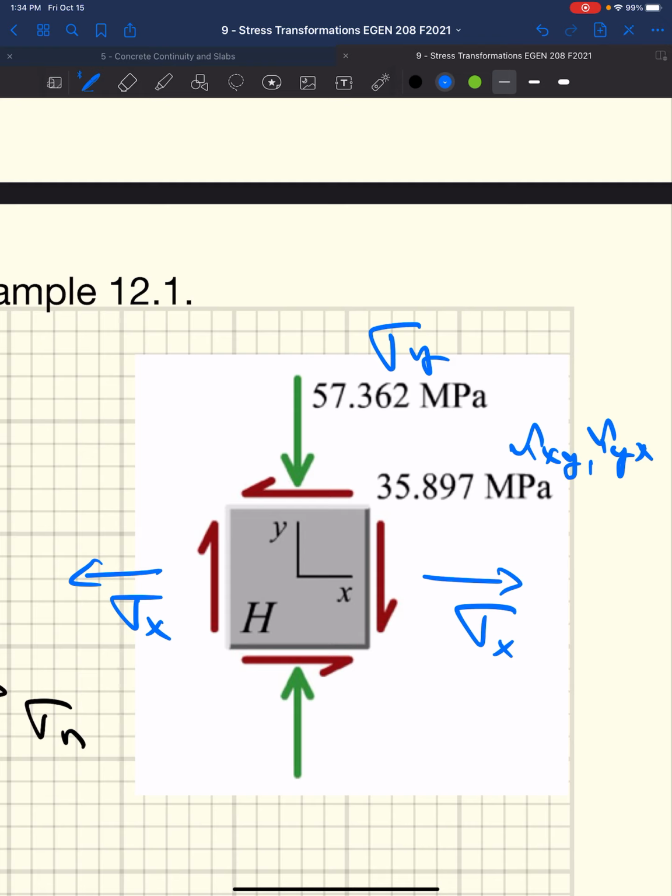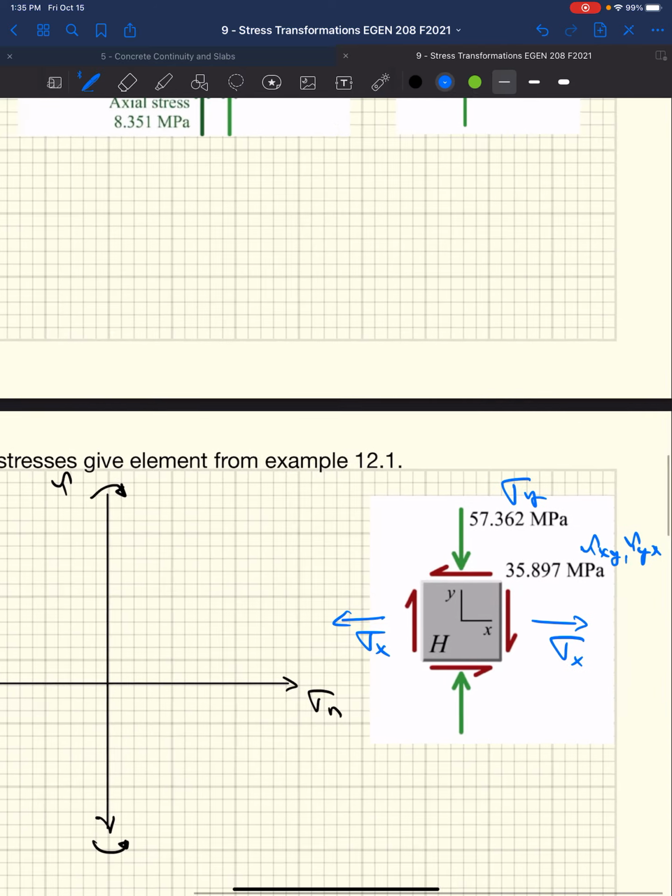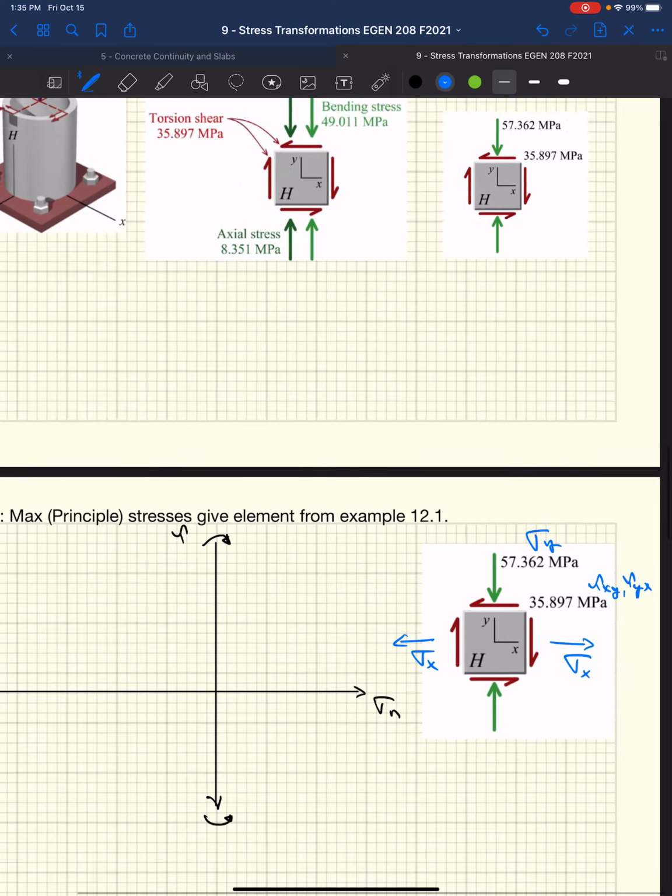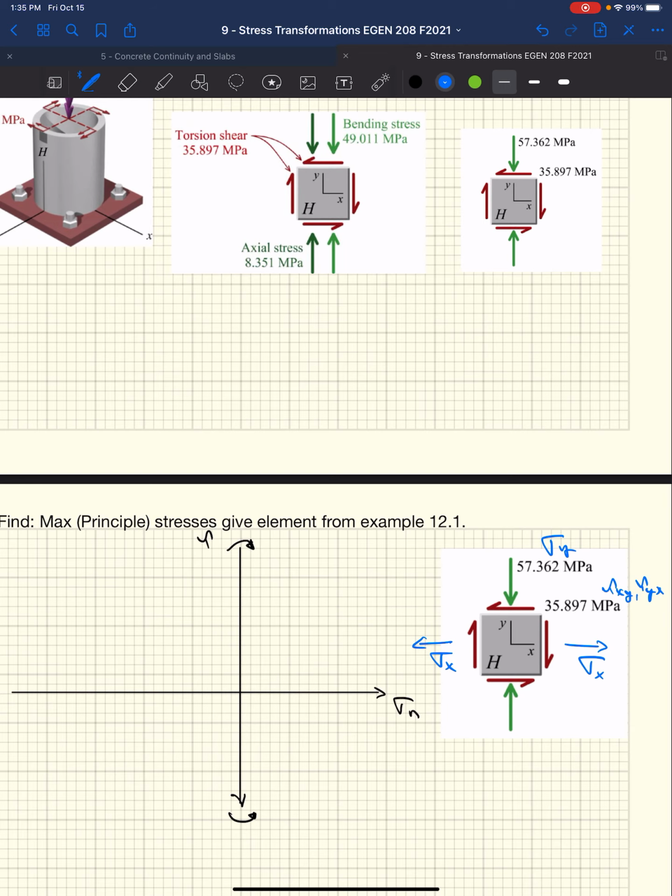Well, sigma x, we decided there is no stress along the x face. And if sigma x is 0, then that means we're going to be back on the y-axis. We also know that on that x face, our shear stress directions spin our stress element clockwise. So that means we're going to be above the x-axis.